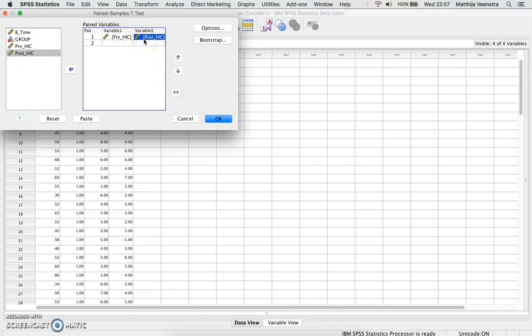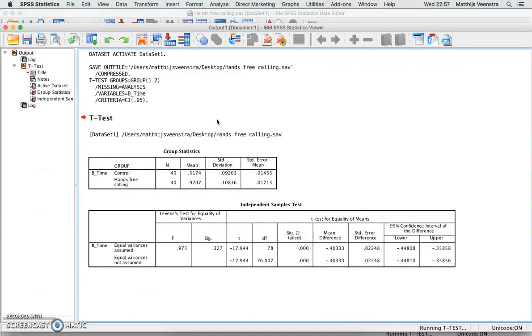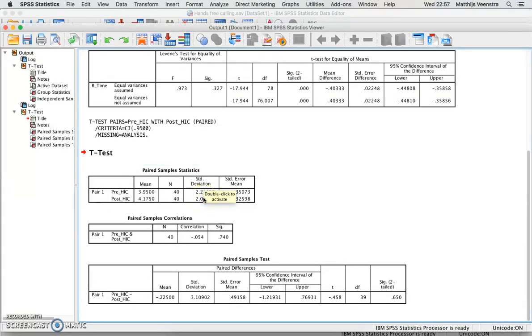There's no grouping variable, of course, because it was the same group of patients. They all got the treatment. There was just a pre-treatment measurement and a post-treatment measurement. So click OK. Now you get this box, the different means. What we see here is that the mean number of pre-treatment hiccups is around 4.